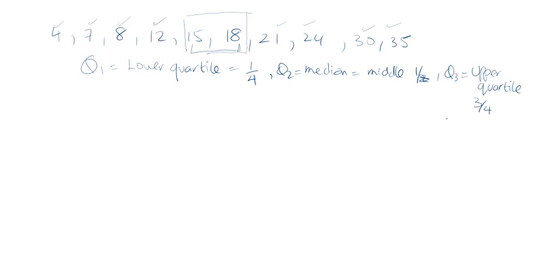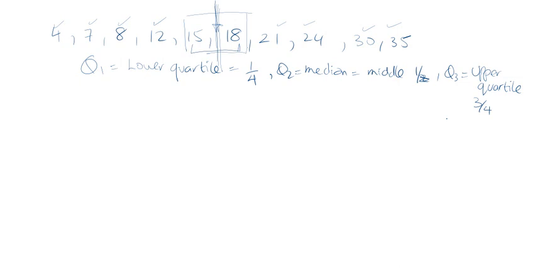So the middle is basically between 15 and 18. If I draw a line here between 15 and 18, that's exactly the middle, because then you'll have 1, 2, 3, 4, 5 numbers to the left, and then 1, 2, 3, 4, 5 numbers to the right.